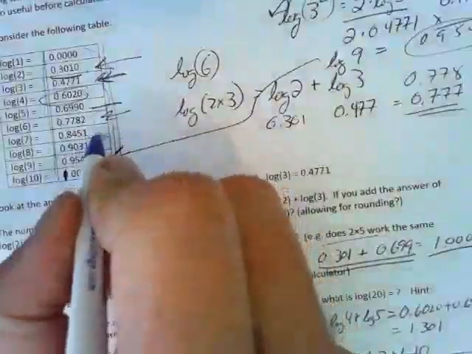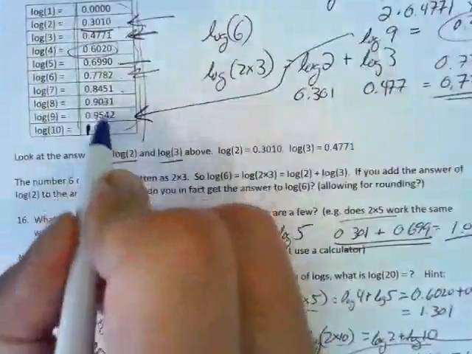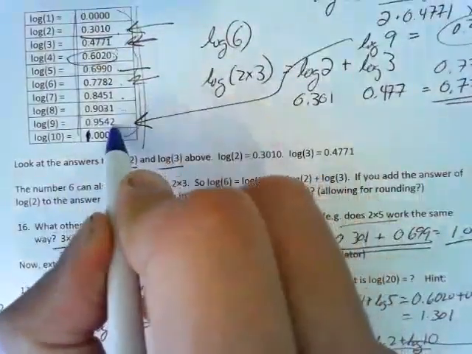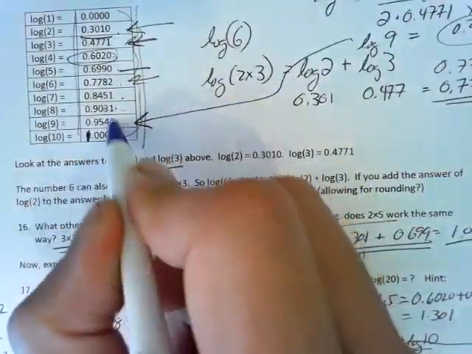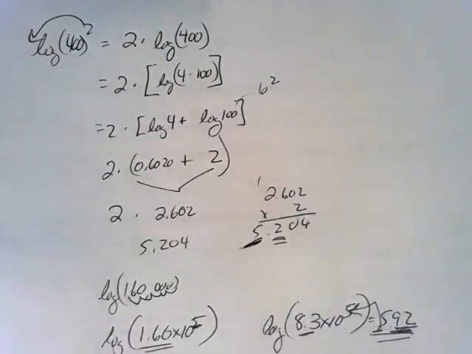Notice 8 is 0.90, 9 is 0.95, and 8.3 is somewhere between those two numbers, 0.92.